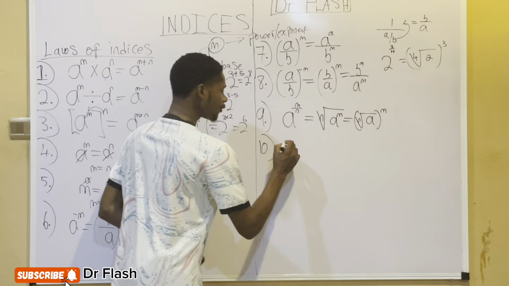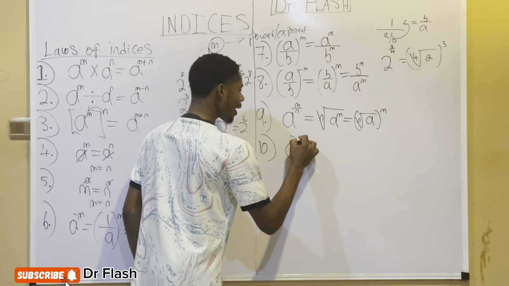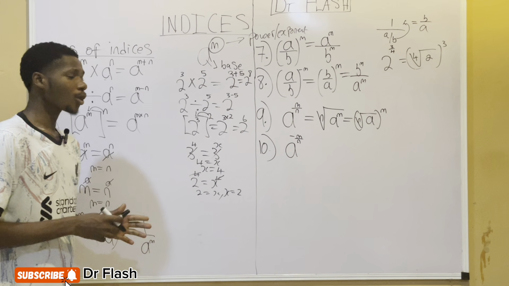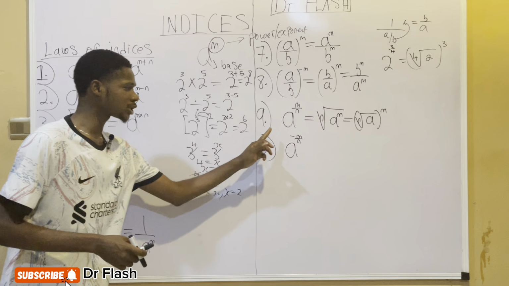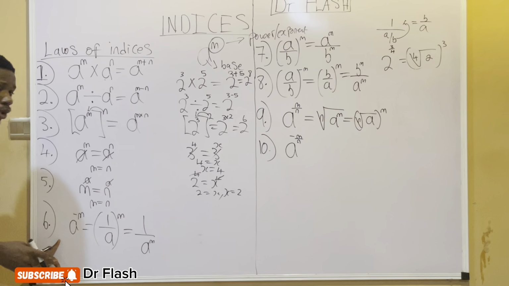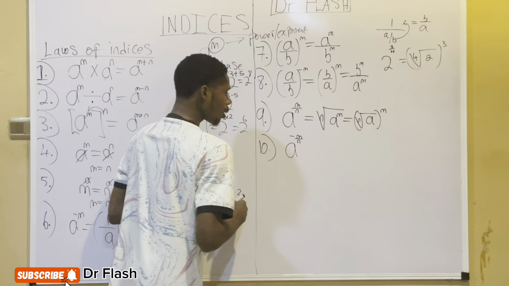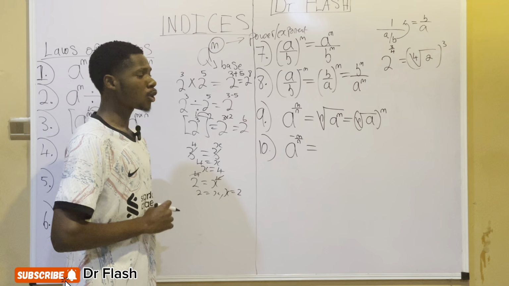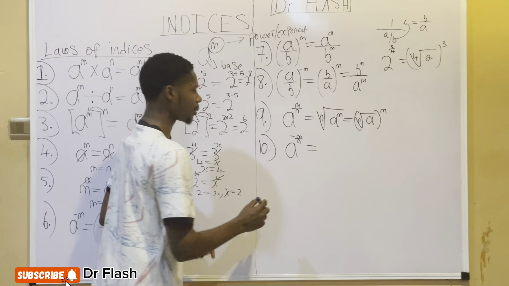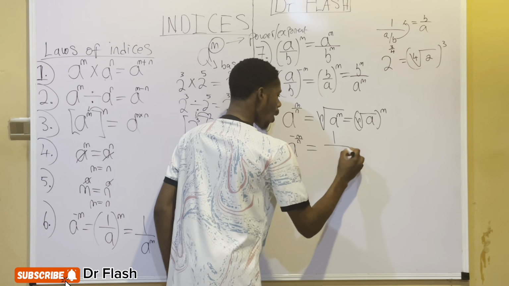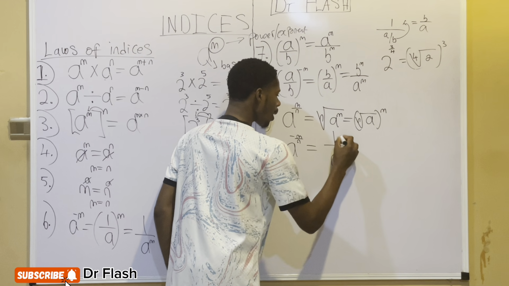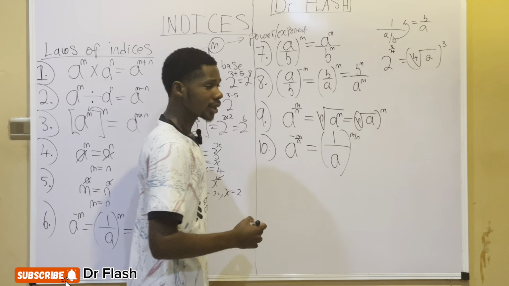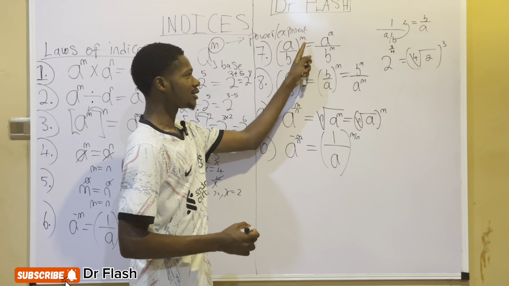So I'm going to have a to the power of minus m over n. To solve this, we are going to apply the knowledge we've gotten from law 9 and also law 6. Remember, whenever we are having a negative exponent, it becomes a reciprocal. So let's take it step by step. This now becomes 1 over a to the power of m over n, right? Now applying this law, there is a power outside.